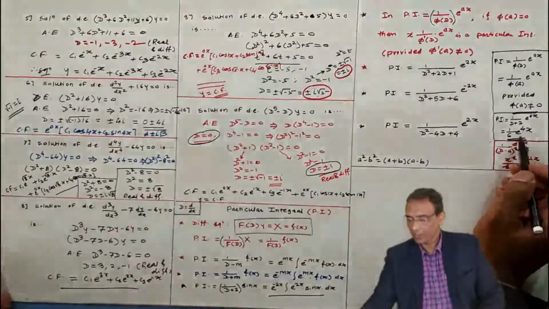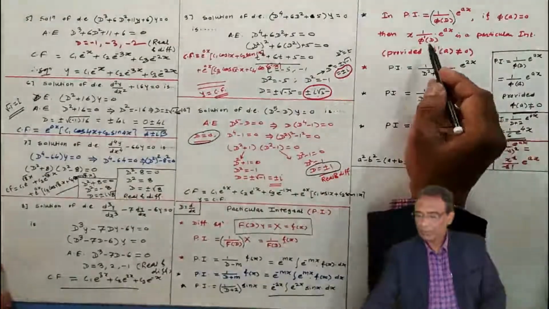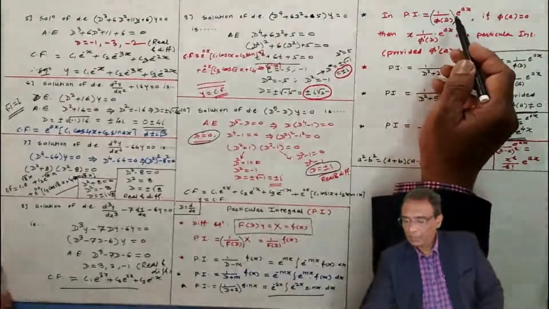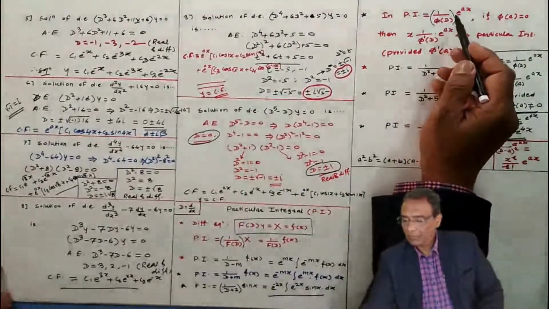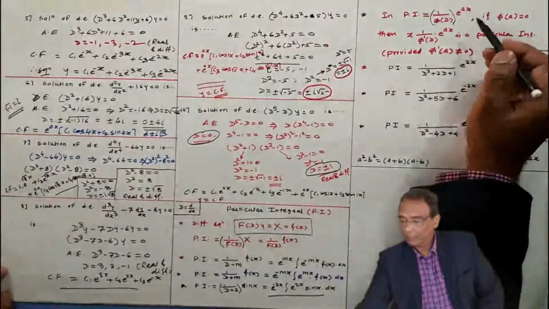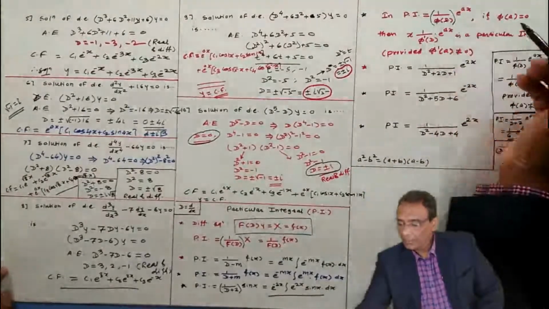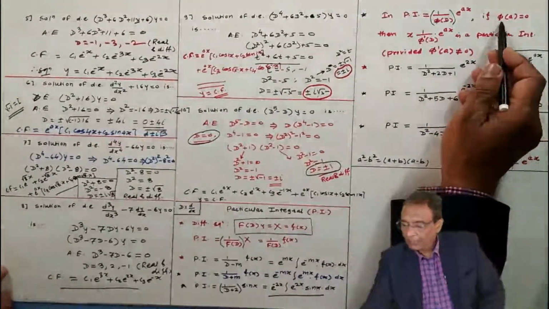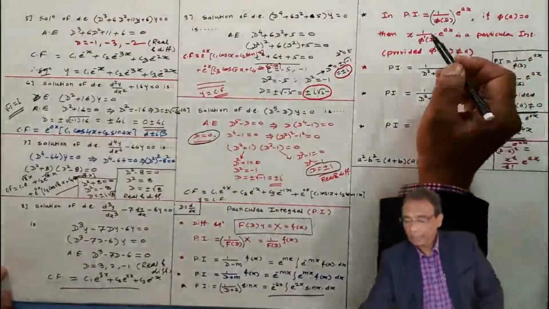Okay, that is operated. But in particular integral 1 by phi D e to the power x, if phi of a is 0, here phi of a is not 0, in this way we have to go. If phi of a is 0, then what to write?